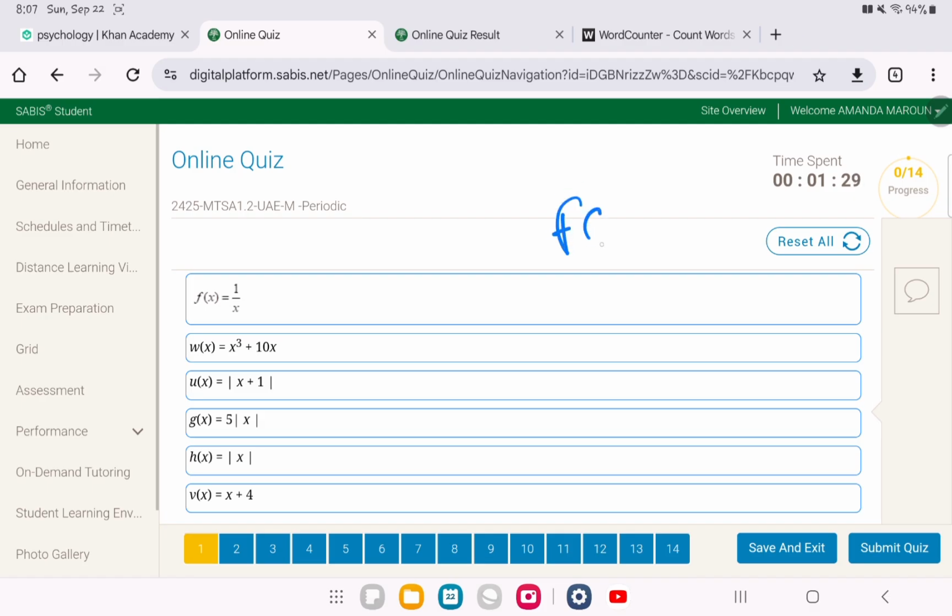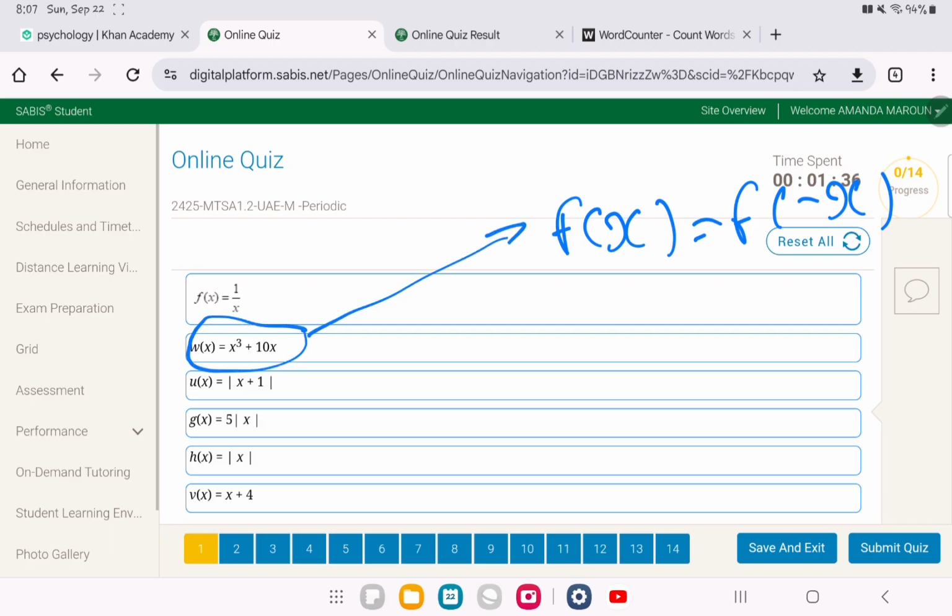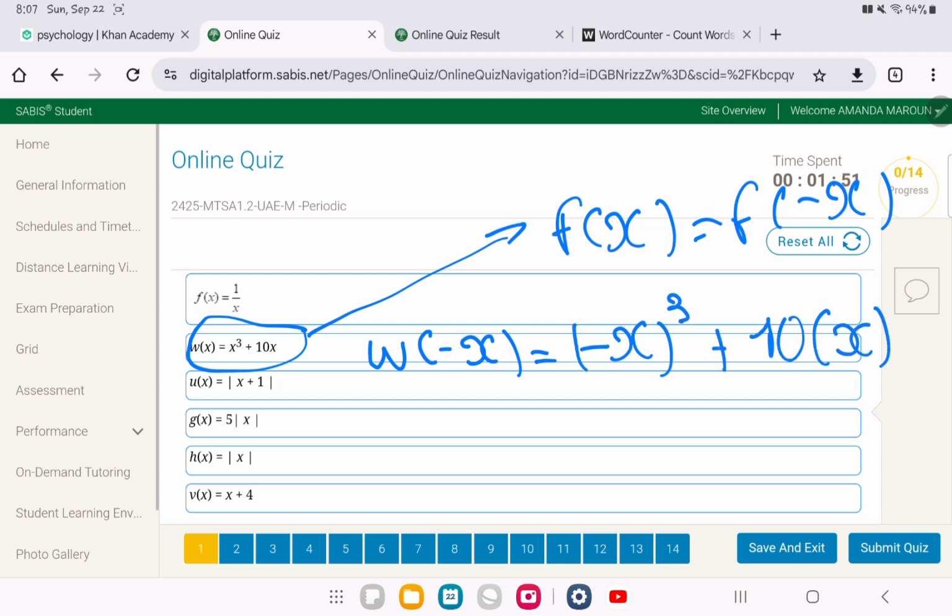Then, if we follow f(x) equals f(-x) for this one, we have w(x) equals x to the power of 3 plus 10x. So w(-x) equals -x to the power of 3 plus 10x.